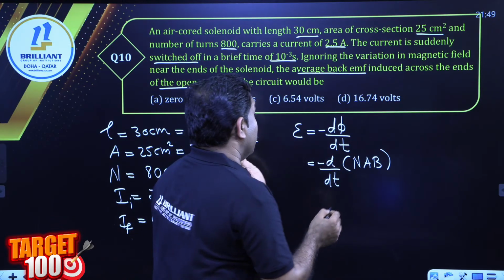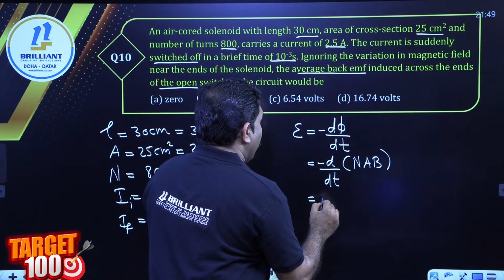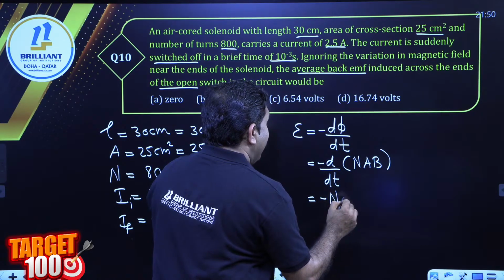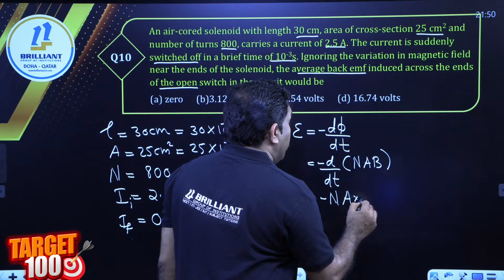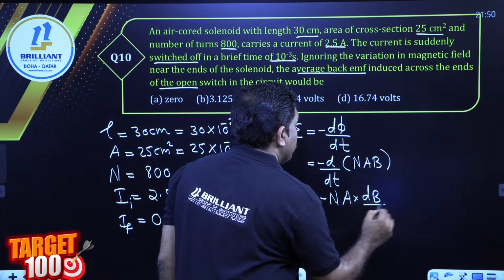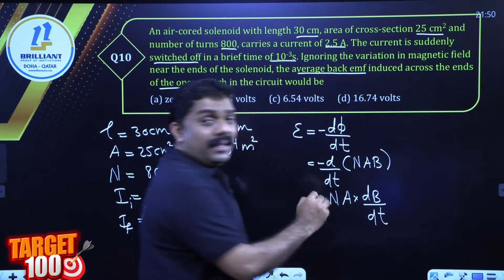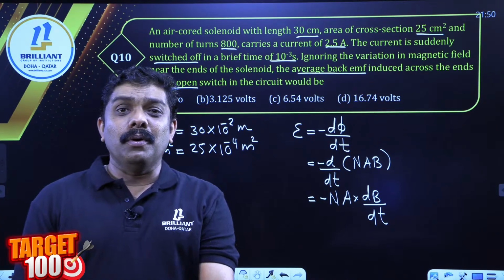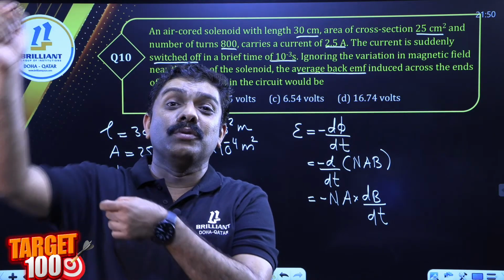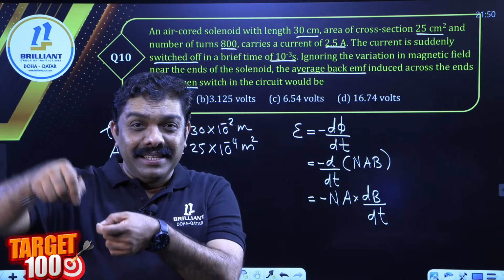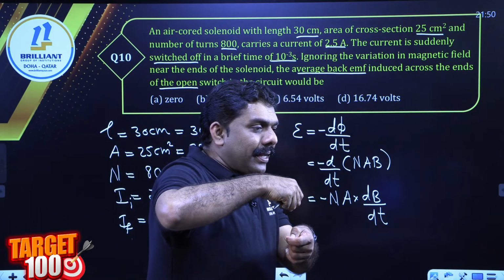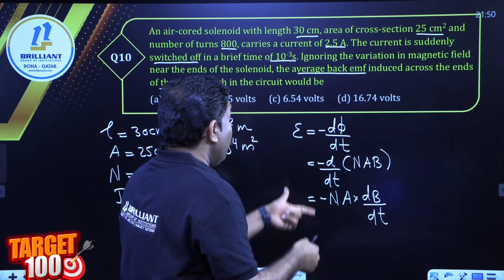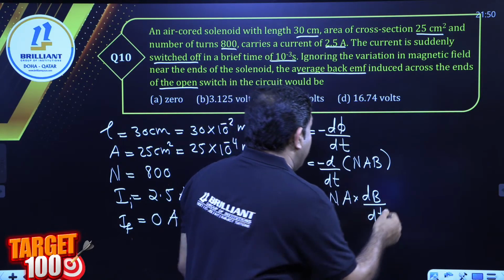The number of turns is not changing, so I can take N, and the area is not changing, and then we have dB by dt. But the magnetic field is not changing in space; the magnetic field due to the solenoid is mu naught n i. So we can find the dB by dt value.